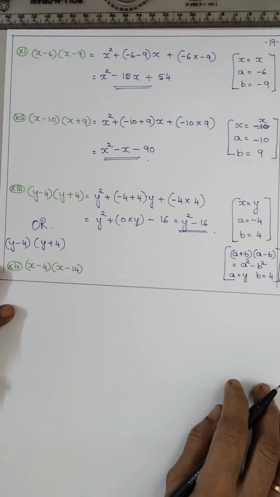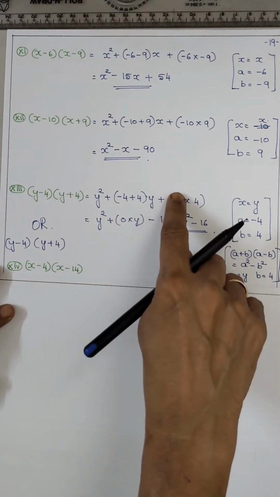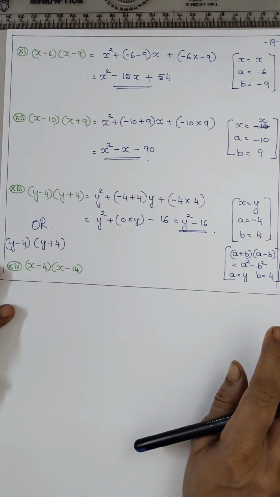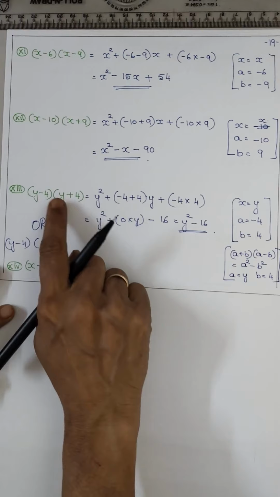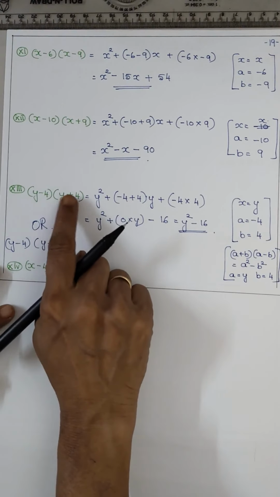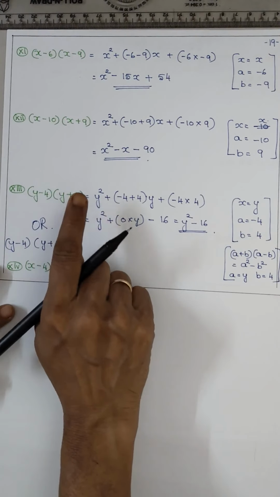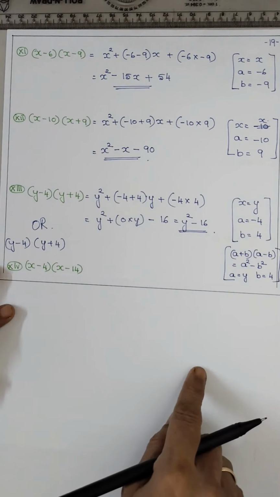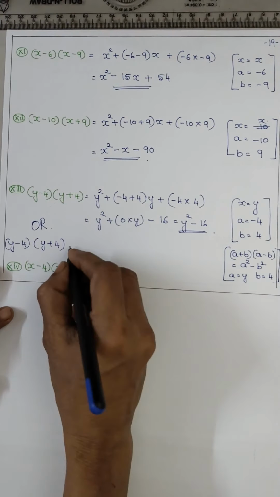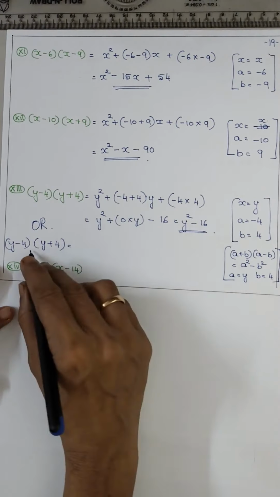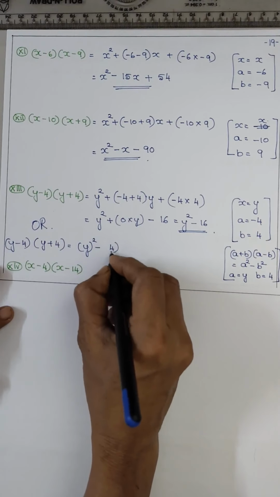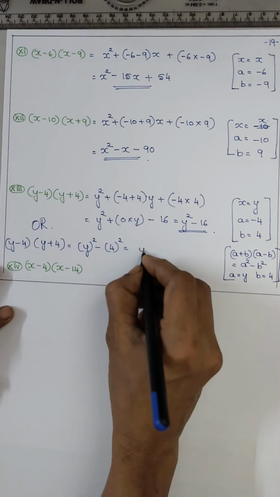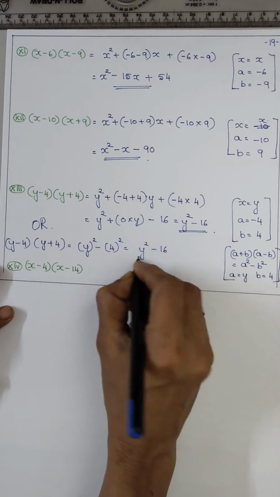If it comes for the exam, you can do either this way or this way, because first terms are same, second term only the signs are different. So that is the third identity. So directly it will be a squared, it is y squared minus b squared, that is y squared minus 16.